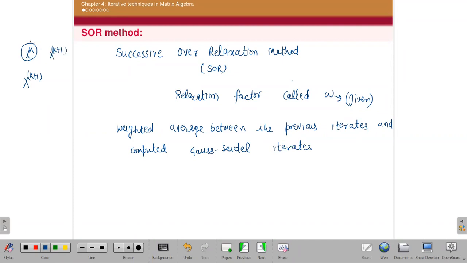So we take the weighted average of these two. Then the new resultant value will become the (k+1)th iteration of the successive over relaxation method, successively for each component.